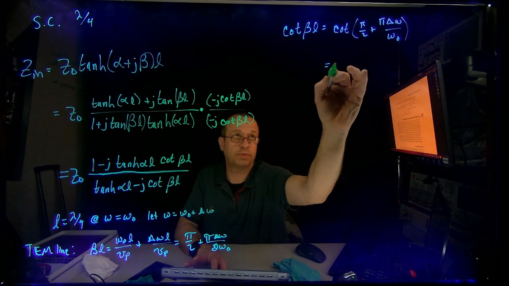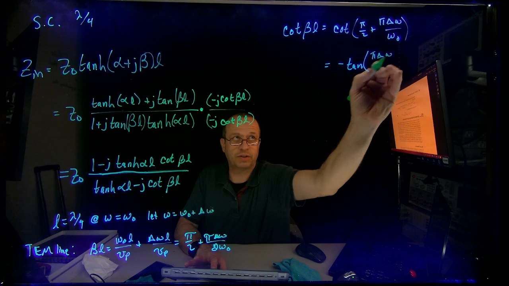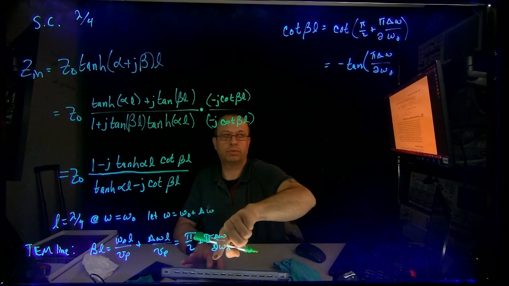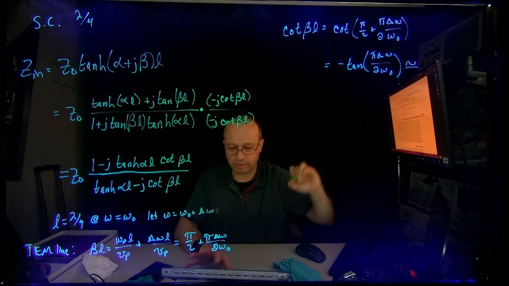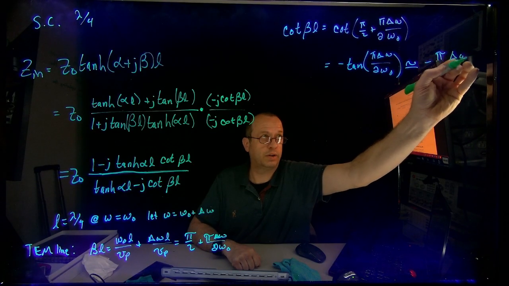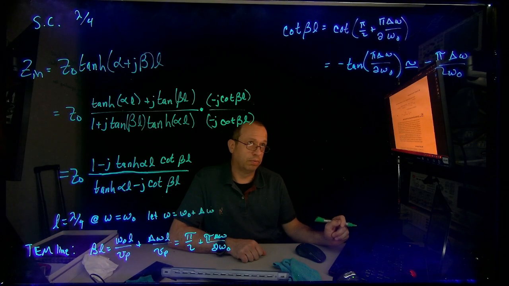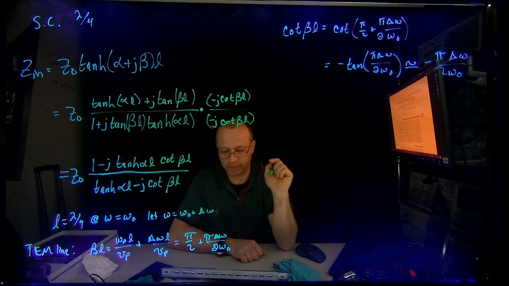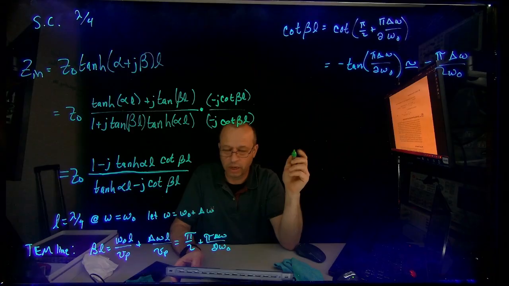We're going to say this is equal to negative tangent of pi delta omega over 2 omega naught. I'm sorry, there's supposed to be a 2 in there, so don't forget the 2. Okay? And then this is approximately equal to negative pi delta omega over 2 omega naught, and this is just because there's such a small deviation in this that these are essentially the same. Enough that we can do this for the math, for the hand calculations.